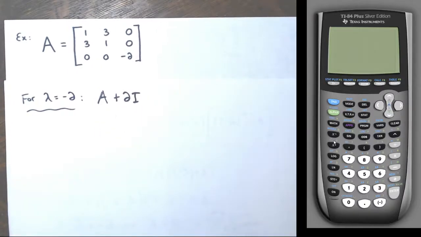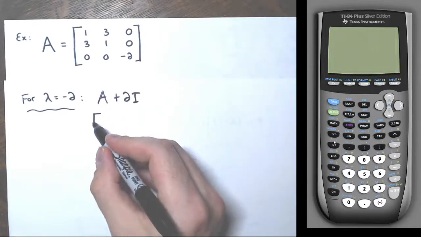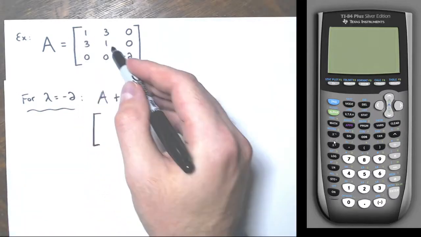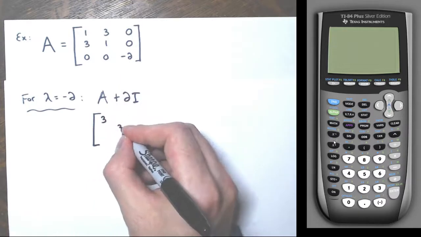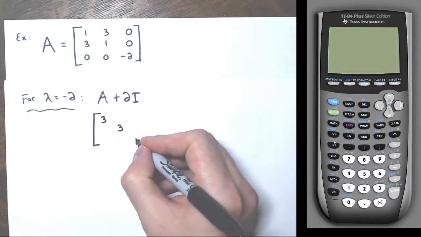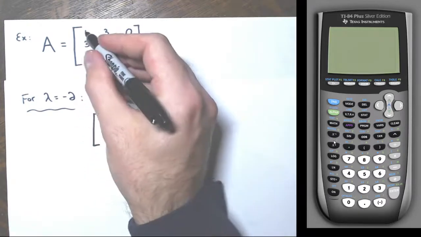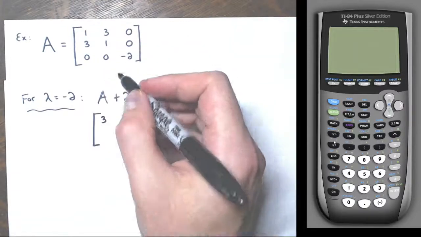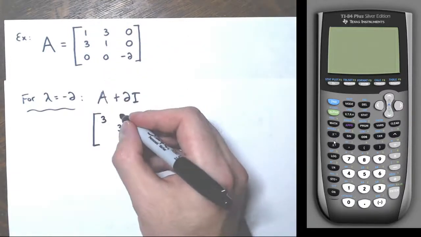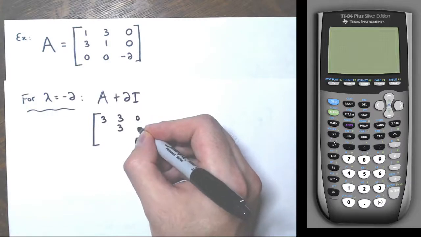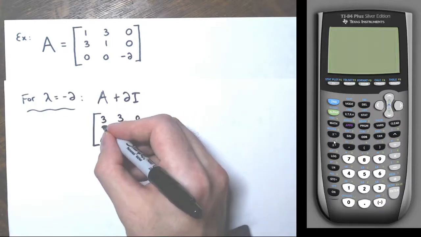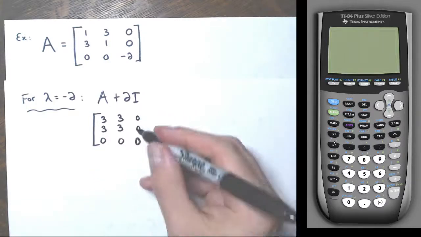So I'm adding 2 to the main diagonal entries. So 3, 3, and, oh, I'm sorry, 0. 1 plus 2, 1 plus 2, and then -2 plus 2 is 0. Okay. 3, 3, 0, and then I've got 3, 0, 0, 0, 0, and 3. All the stuff off the main diagonal stays the same.